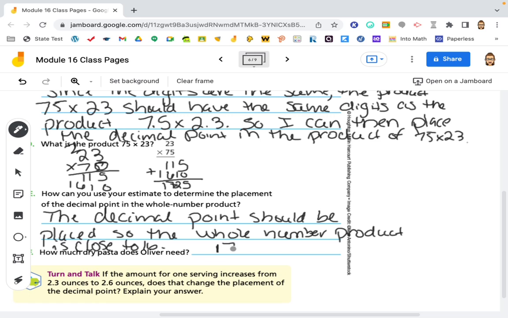So that means we'd place it after 17, 2,500 ounces.